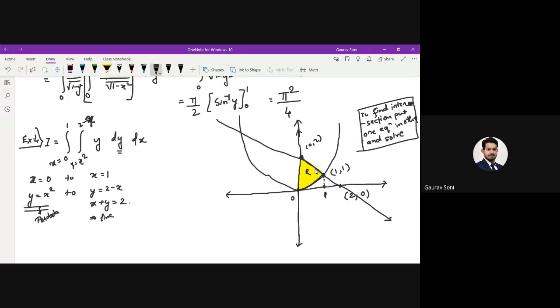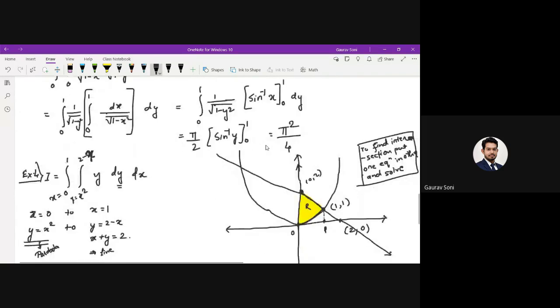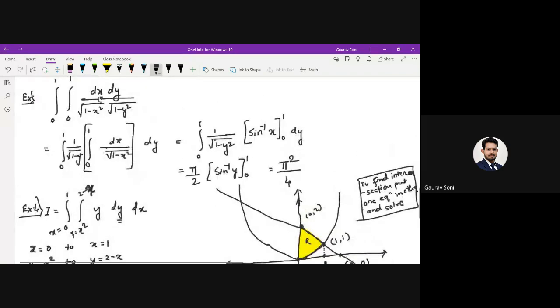But there should be a way by which I can give the limits, right? In the previous example, there was dx dy. In this case, you have dy dx.